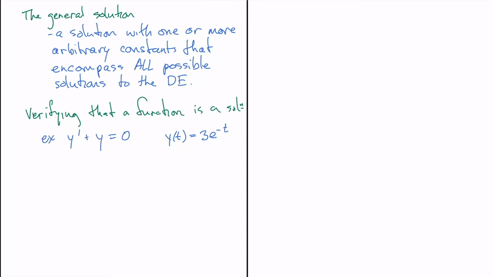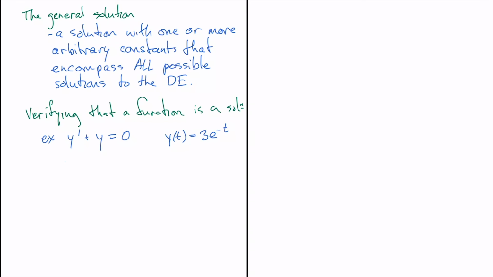And how do we go about verifying that this is the case? Well, just like we would if somebody says, oh yeah, the solution to that quadratic equation is x equal 4, and you can plug 4 into the equation and see if you get the same thing on the left and right hand side.